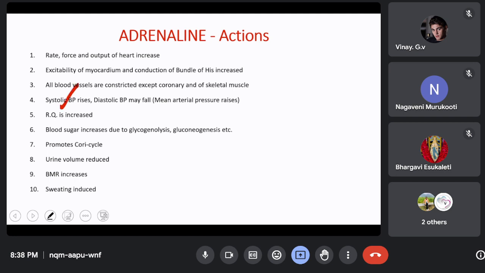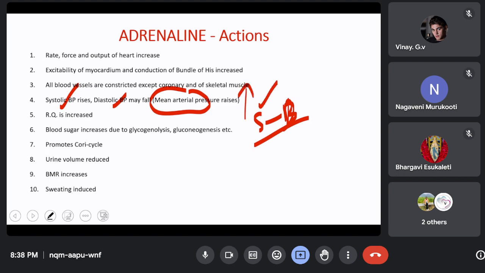Systolic blood pressure rises, and opposite to this, diastolic blood pressure may fall. When we take systolic minus diastolic blood pressure, then we get mean arterial pressure. Ultimately, this is more and this is less, so that mean arterial pressure increases.